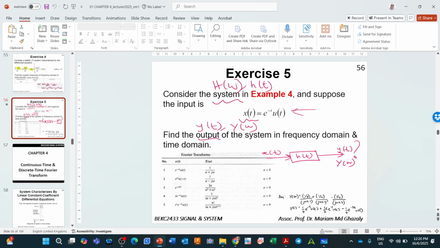So you need to actually convert x(t) into the frequency domain. What do you get? The answer is very easy. X(omega) equals 1 over (j omega plus 1).